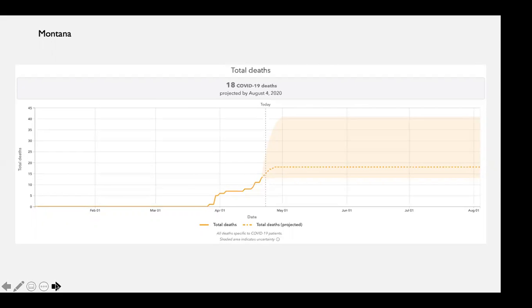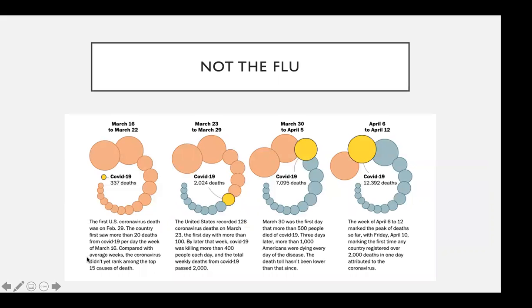So I still get a lot of questions about, isn't this just the flu? And that's a really bad analogy for a couple of reasons. One is we have a flu vaccination every year, and the flu season is long, from September through June. So those flu deaths that are occurring every year are occurring over a long period of time.